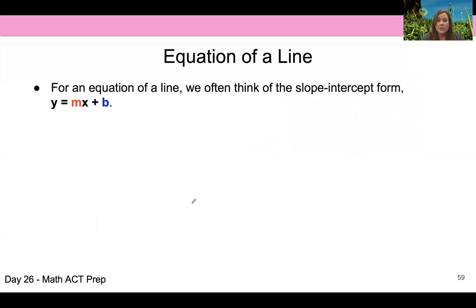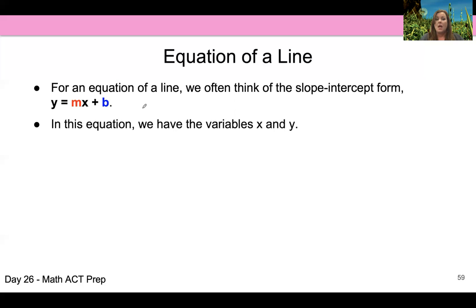Now, for the equation of a line, the equation is usually in y-intercept form or slope-intercept form. That's y equals mx plus b, where m is the slope and b is where it crosses the y-axis. In a linear equation, we have the variables x and y. They deal with the coordinate plane, the x and y axis.